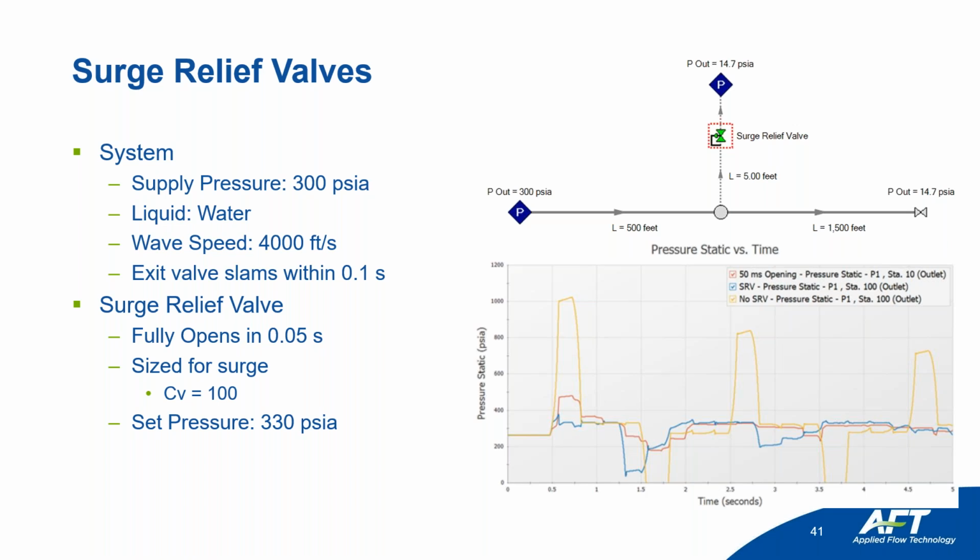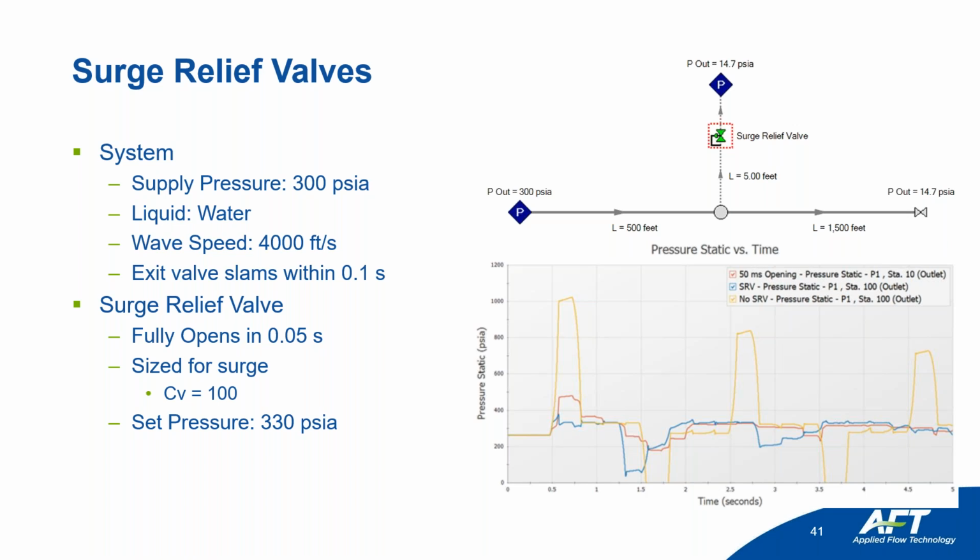So what we wanted to do, working with Mockfeld, was compare these different results of not having a surge relief valve versus having a surge relief valve, and the 50 millisecond idealized conventional opening case. As you can see here on the right, the yellow would be your unprotected case. The blue line is the surge relief valve, and the red is the 50 millisecond opening.